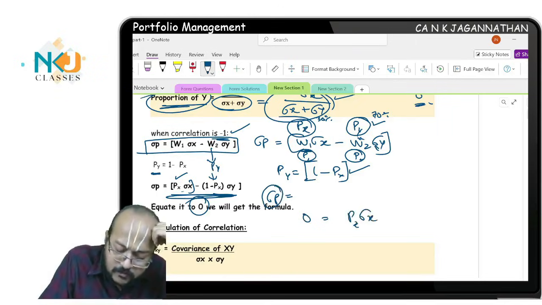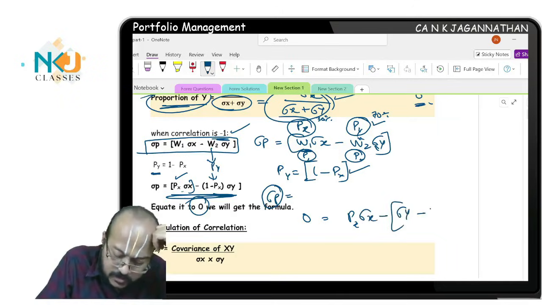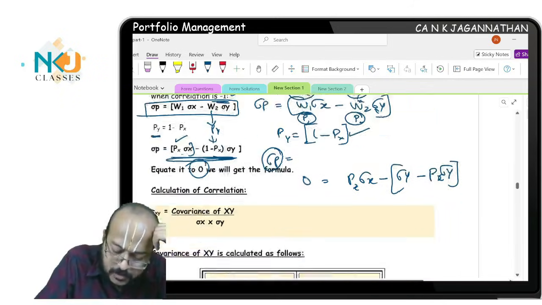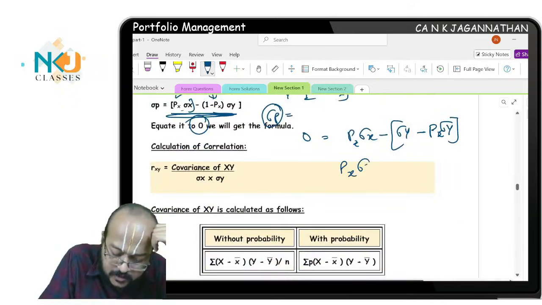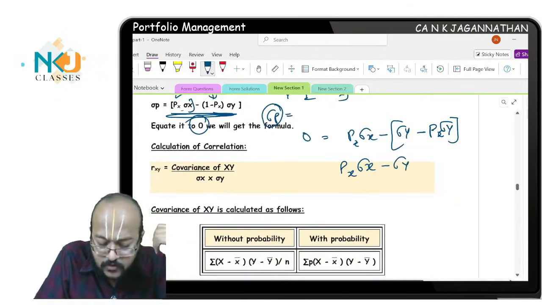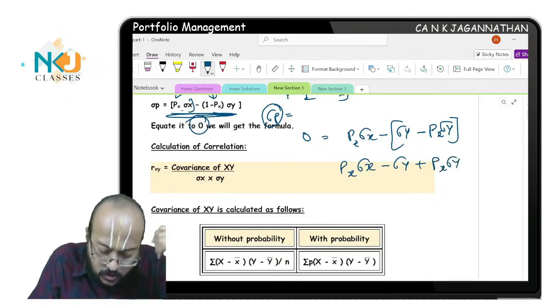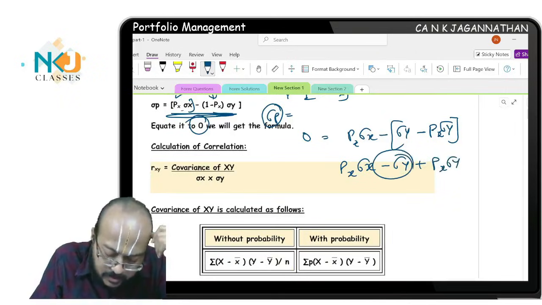sigma X minus, this one you open it first, sigma Y minus PX sigma Y. Now minus plus, you open the bracket, what will happen? PX sigma X minus sigma Y plus PX sigma Y. Now if you notice, you bring this sigma Y this side.